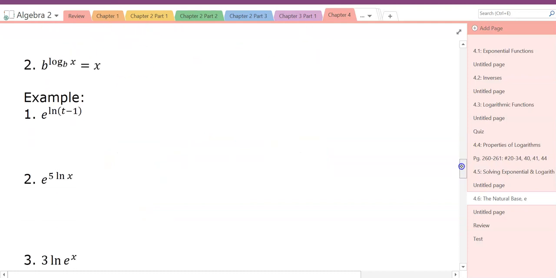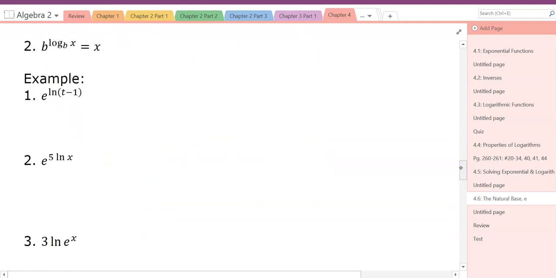Now another one that we went over was when you had a base raised to the logarithm with the base. Again, the main thing here is to make sure that these things are matching, the b's, whatever those numbers might be. And so again, we can think about those being canceled off, and we're left with just that x or that exponent.